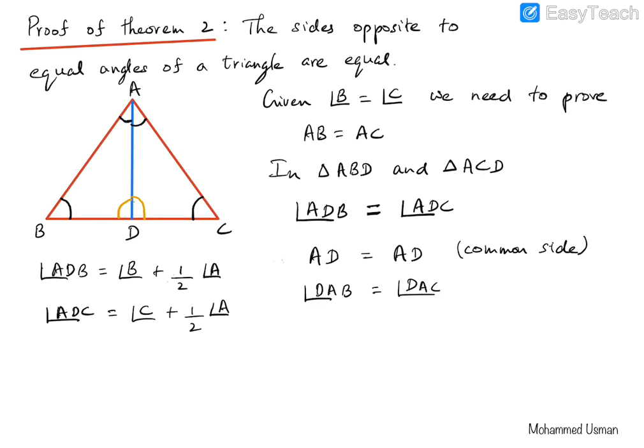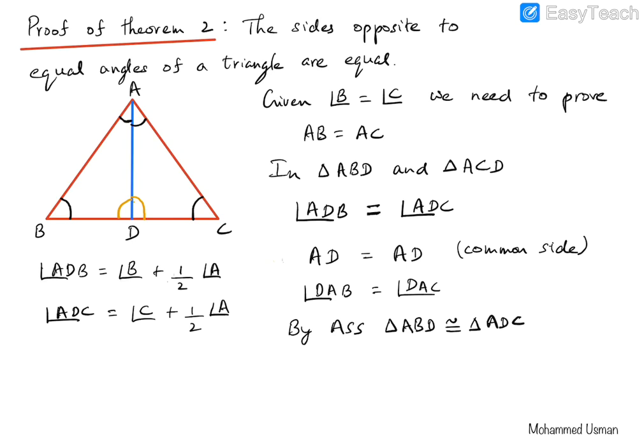So combining these, we get angle, side, angle. So by ASA rule, we get that these two triangles are congruent. By ASA, triangle ABD is congruent to triangle ADC.